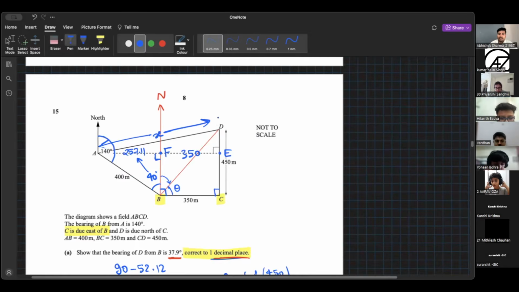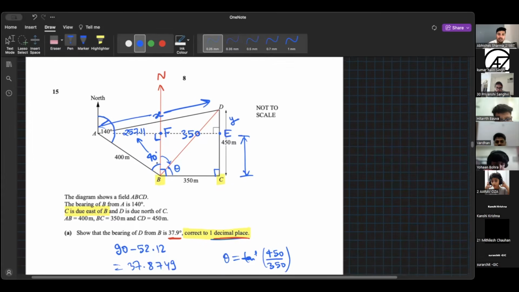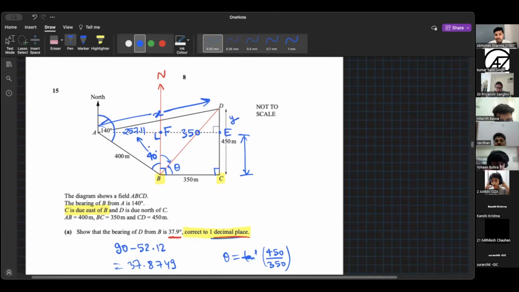To find DE, we need CE, because CD minus CE will give us D. Basically, this whole minus this part will give us this D. Let's say the D is Y. We can use FB by Pythagoras. We can either use the cos formula again, or we can use Pythagoras theorem, because we don't have the base, but we do have the perpendicular and the hypotenuse.